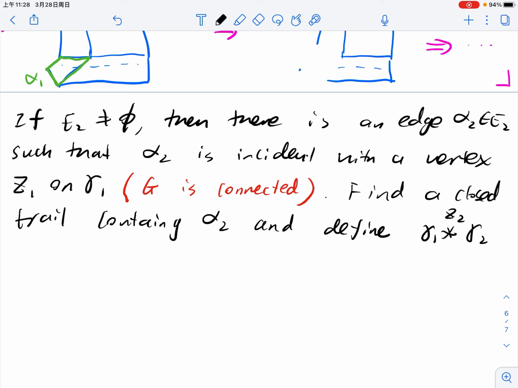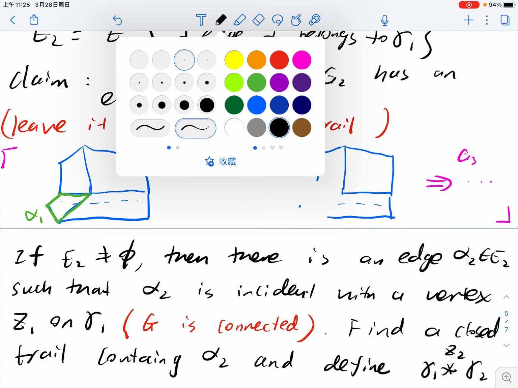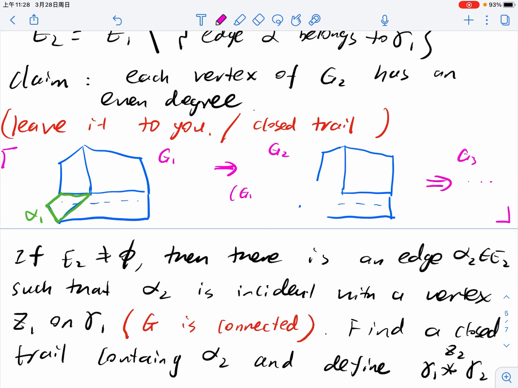Actually, this is just joining gamma 1 and gamma 2. I should make a remark that here G2 might not be connected. We will not use the connectivity of G1, G2, G3.